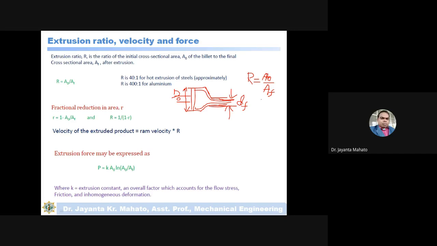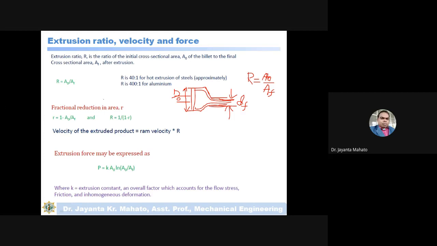Extrusion ratio is more when Af is very less, means when the reduction in cross-sectional area is very high. In this case, the extrusion ratio will be more.